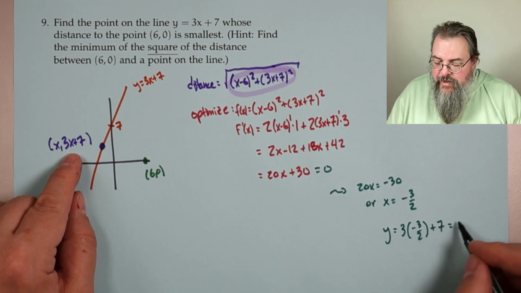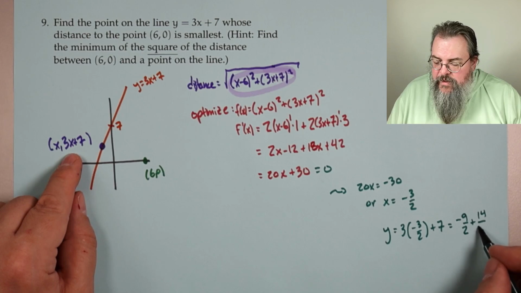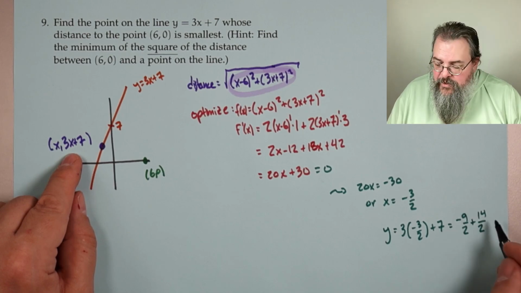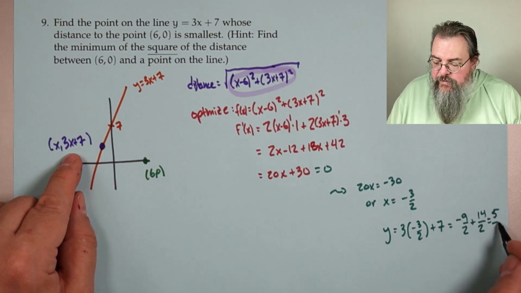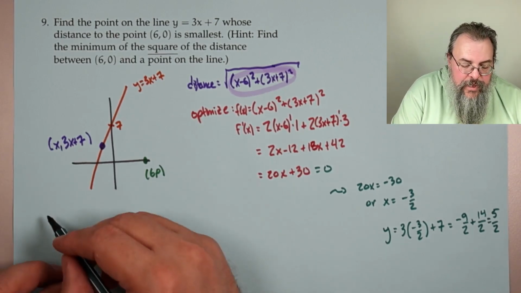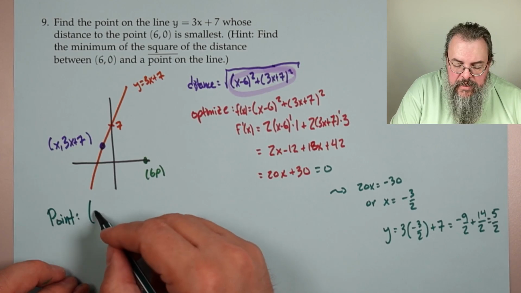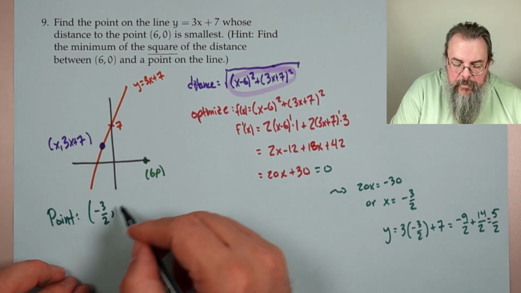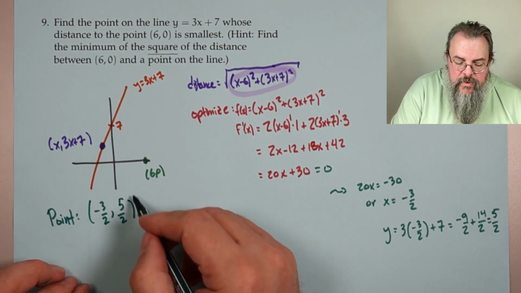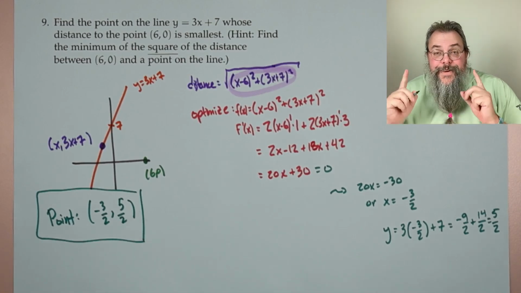Now, that's negative 9 halves, and 7 is 14 halves, and negative 9 halves plus 14 halves, also known as 5 halves. So our nearest point will be negative 3 over 2, comma, 5 over 2. Okay. Now, it doesn't ask for it.